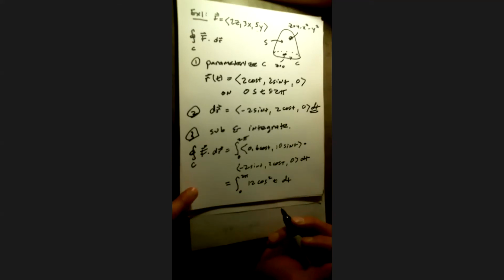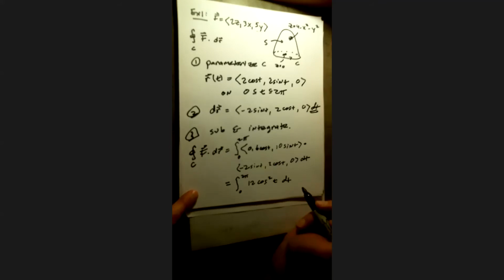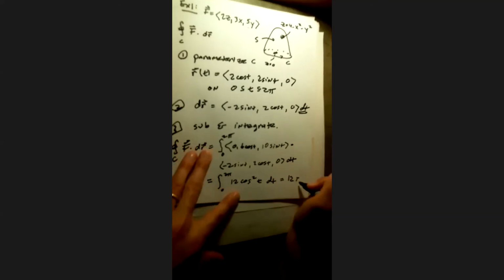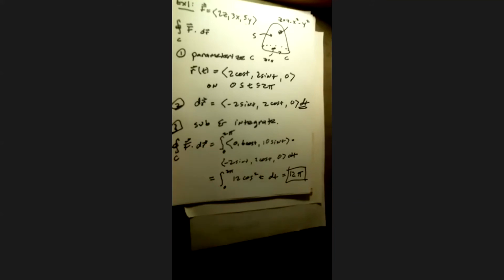So can we just jump straight to the number there? I don't think anybody has questions about how to evaluate this thing. So are you guys okay with me just going straight to this being 12 pi? Yeah. Okay.